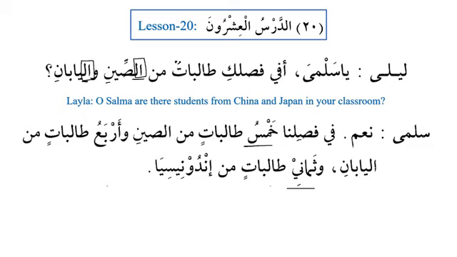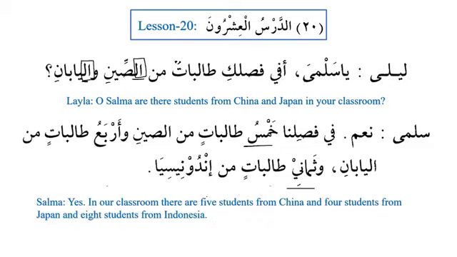And please remember that this ya is sakin, as we can see over here. So when you want to say 8 feminine students, we say thamani talibat. So Salma says, yes, in our classroom there are 5 students from China, 4 students from Japan and 8 students from Indonesia.